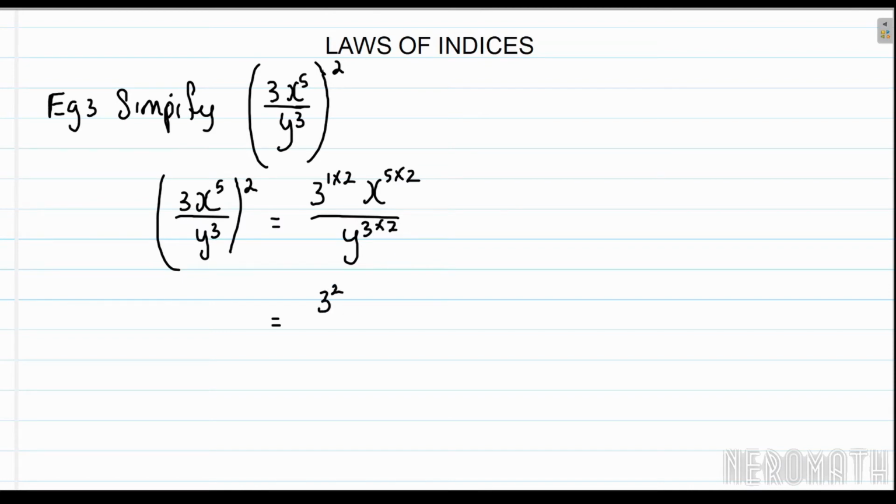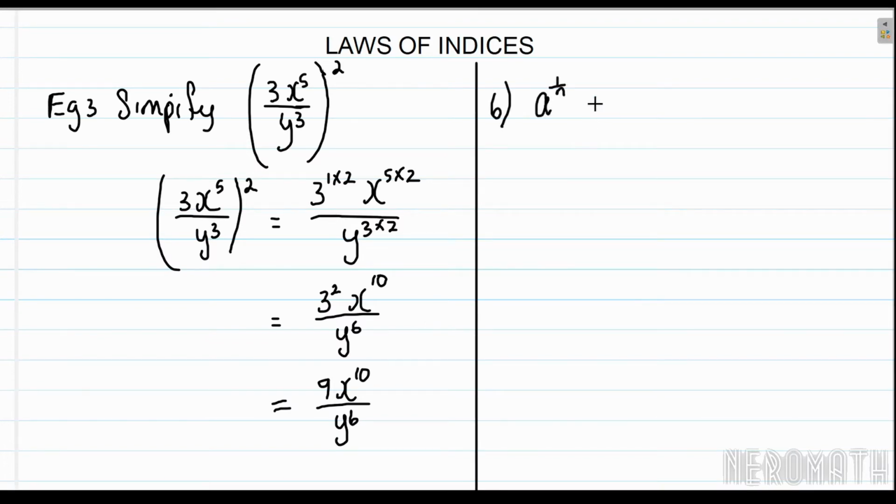So I'll get 3 squared, x to the power of 10 over y to the power of 6. And that will be equal to 3 squared is 9, and that's your answer there.